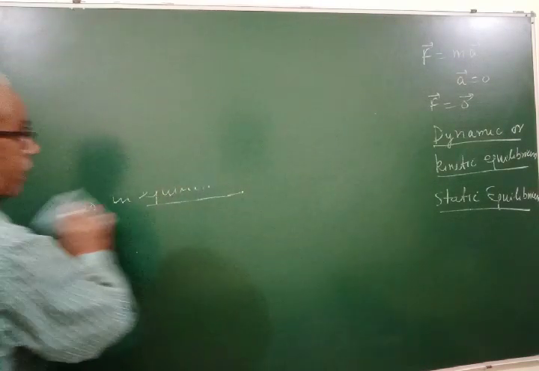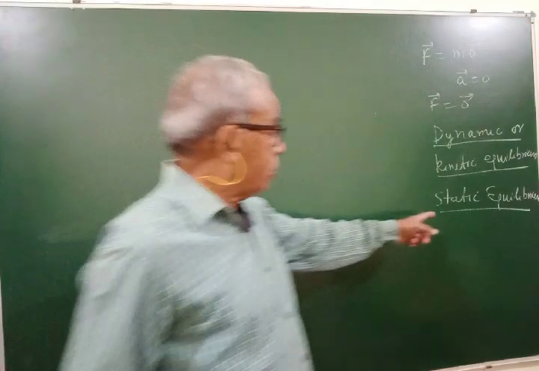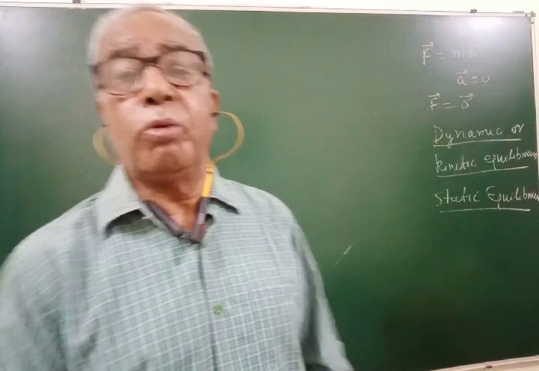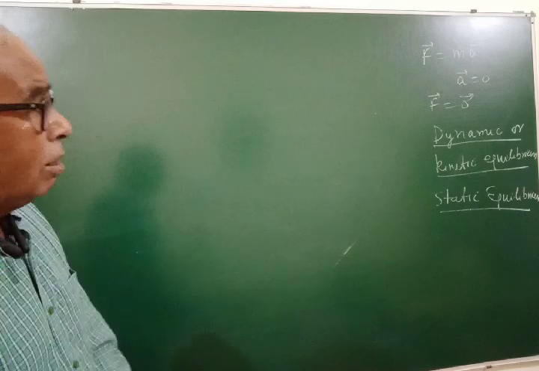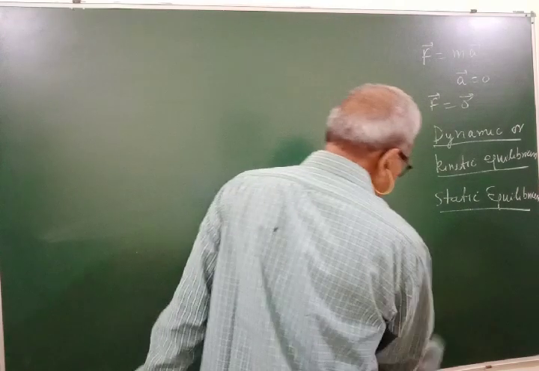So static equilibrium is when the body is at rest and the resultant of all forces and all torques acting on it is zero. Dynamic means the body is in motion but net force is zero, and any type of acceleration is zero.